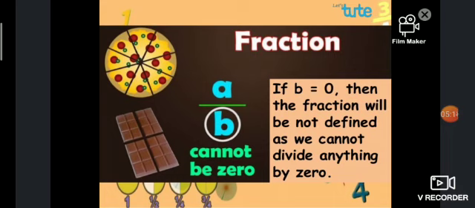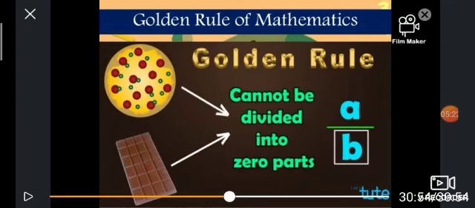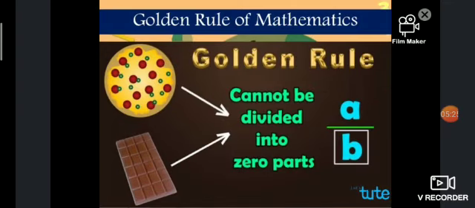That is why the denominator can't be 0. Golden rule of mathematics: you can't divide into 0 parts. I already explained, if you don't cut either the pizza or chocolate, it will not be called a fraction.